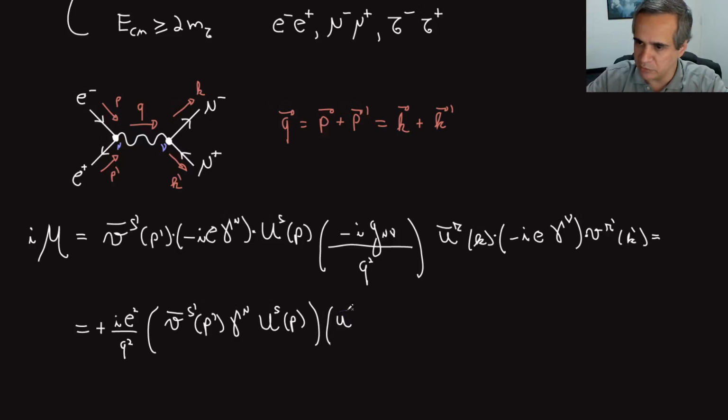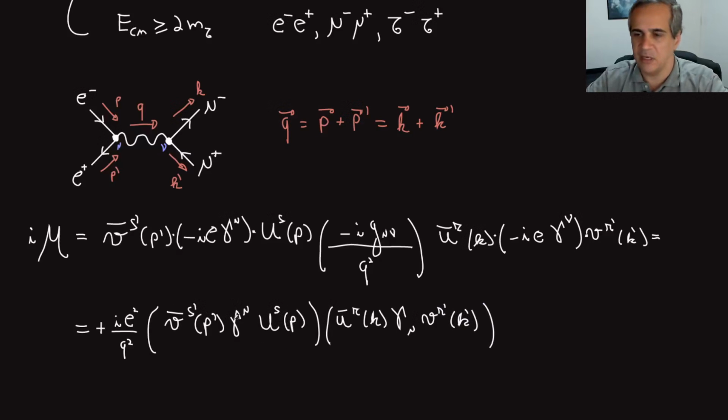So that becomes u bar r k gamma nu v r prime k prime. So this object behaves as a Lorentz vector, and it is contracted with this other Lorentz vector right here.